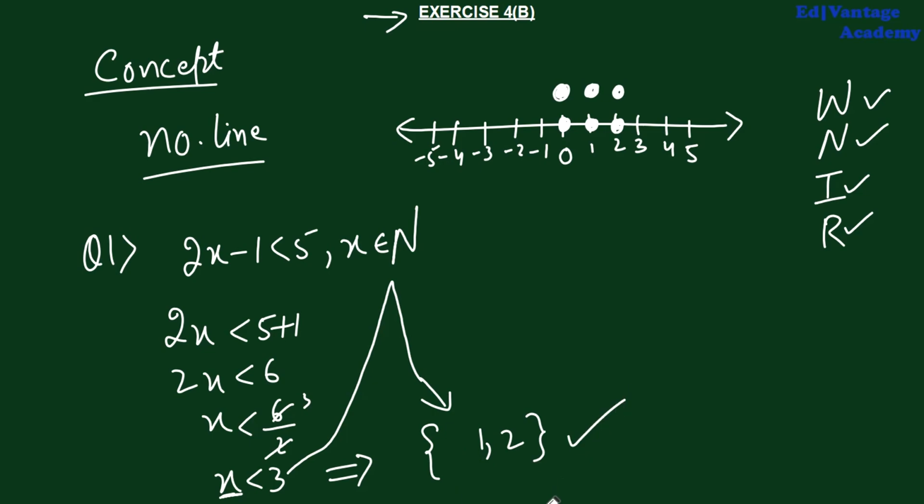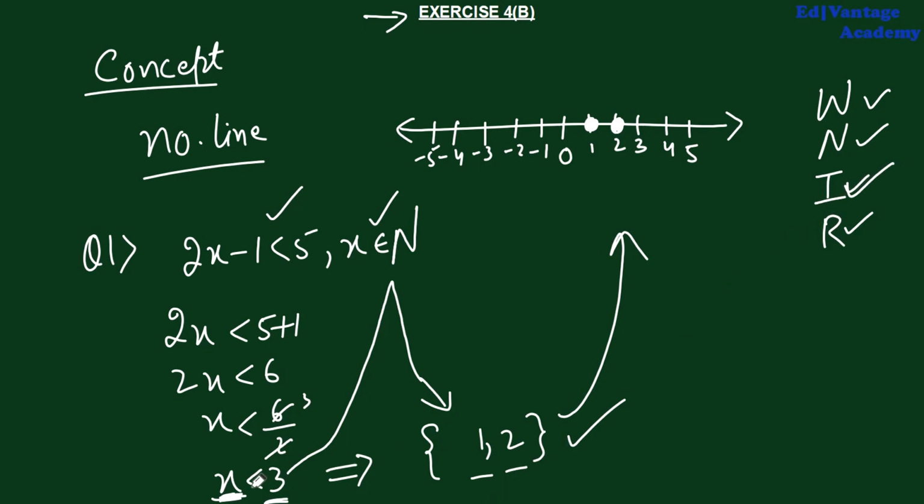So the solution set, if x belongs to natural numbers, is 1 and 2. How to represent this on the number line? Let me first erase the previous answer. You have to highlight 1 and 2 on the number line. That's the answer.